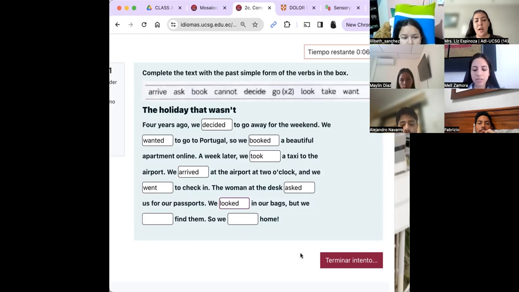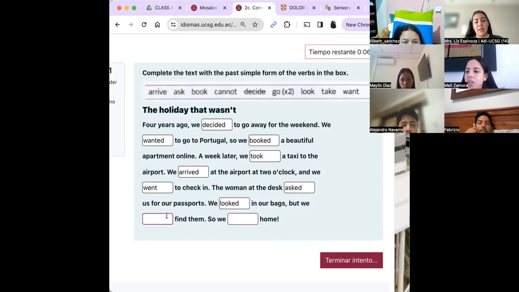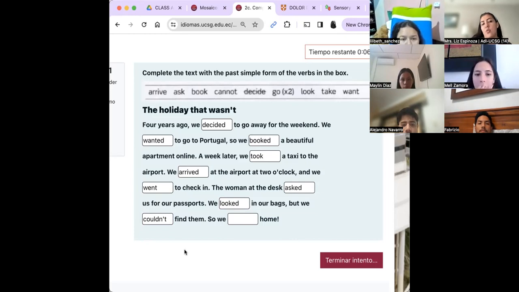Looked in our bags, but we cannot. Cannot is in base form, and in past it is couldn't. The could is the past of can, and you only add the not at the end, okay? What else? So we went.